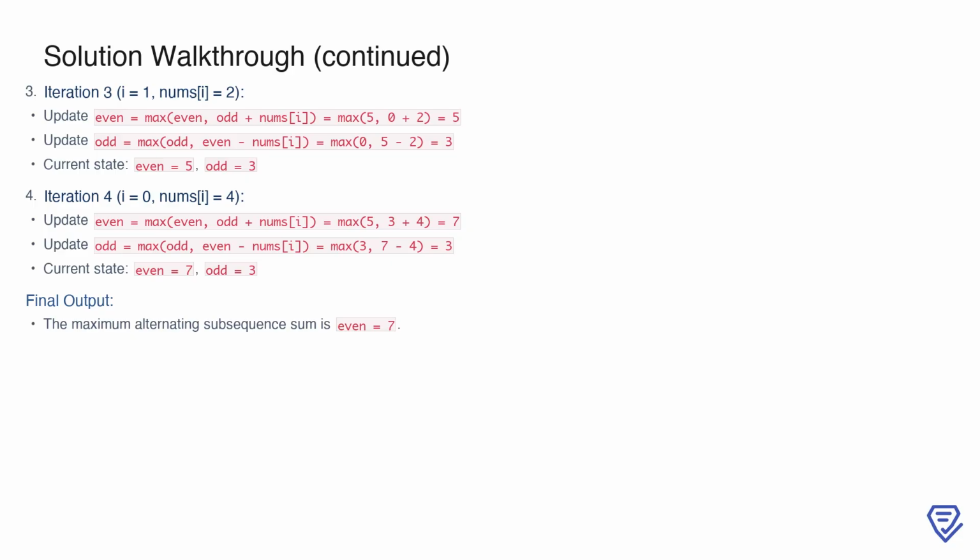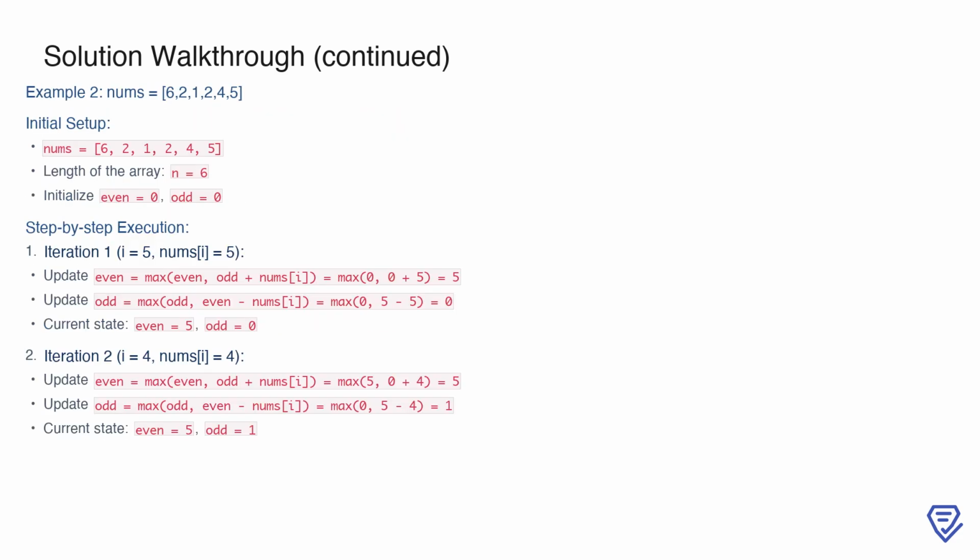Even becomes 7, the maximum of its current value and odd plus the current number. Odd remains 3, as it is the maximum of its current value and even minus the current number. After processing all elements, the final values are even as 7 and odd as 3. Therefore, the maximum alternating subsequence sum for this example is 7.